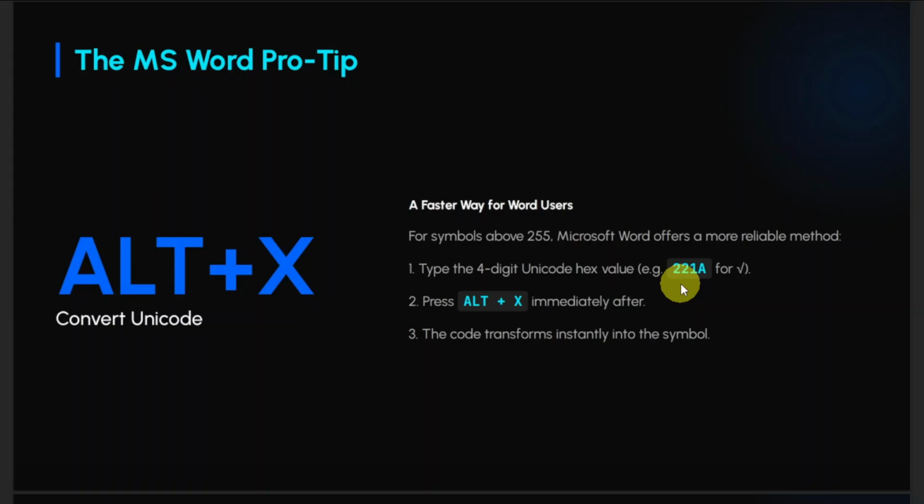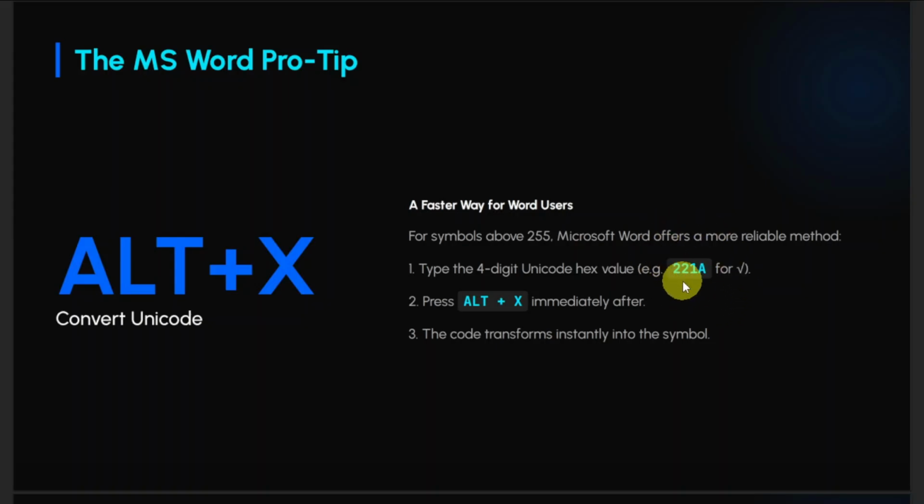The other one is Alt plus X, to convert Unicode. We have Unicode for symbols. For example, to type square root, you type 221A.